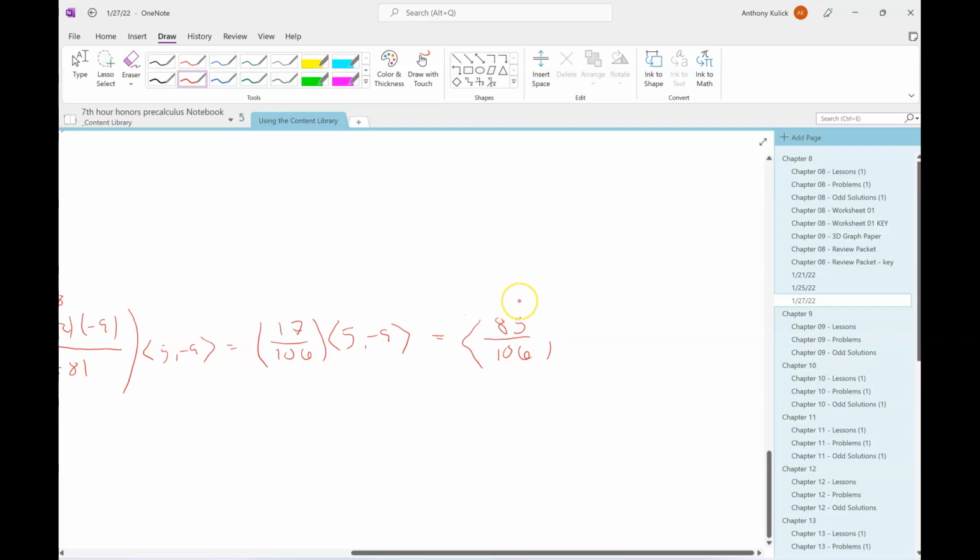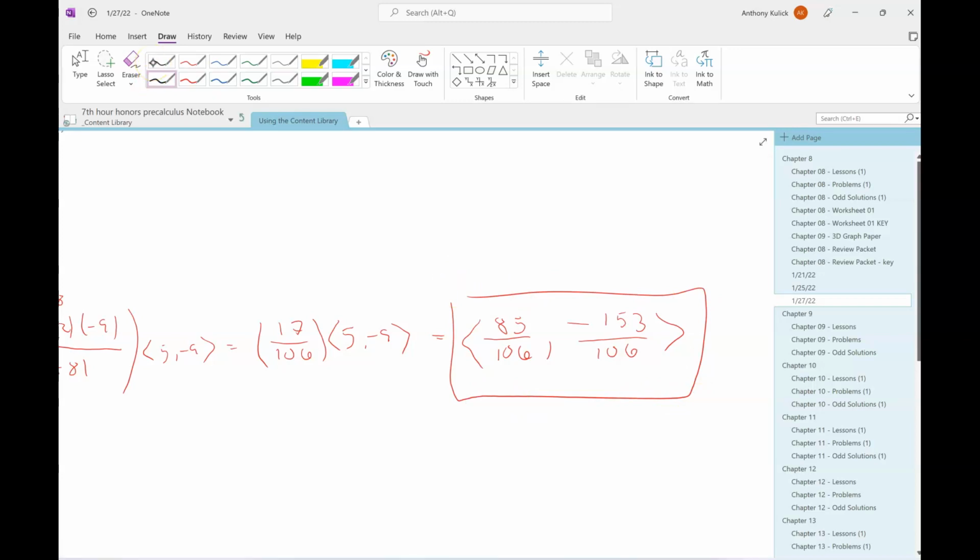And then -9 times 17 is 81 plus 63, so 154 over 106. Oh my goodness, that's not right. It's 90 plus 63, so 153 over 106. That's better. And that's it. Okie doke.